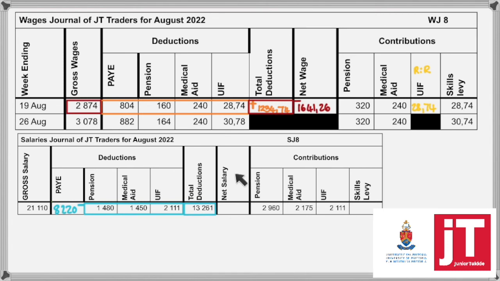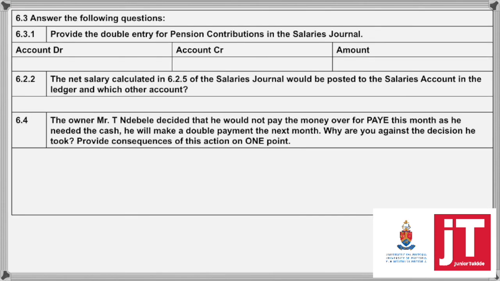Then our net salary is our gross salary minus our total deductions, which gives us 7,849 Rand. Lastly, skills development, they tell us, is 1% of the gross salary: 21,110 times 1% gives us 2,111 Rand.